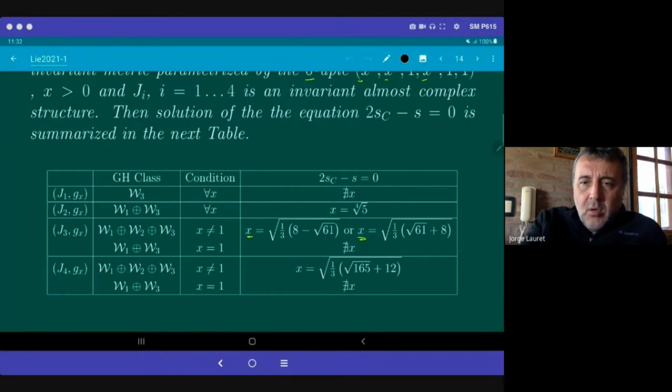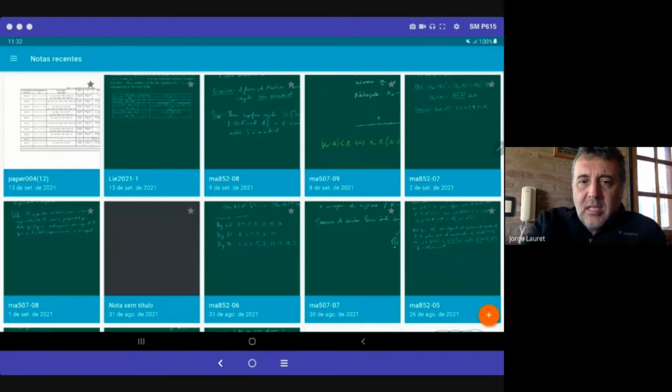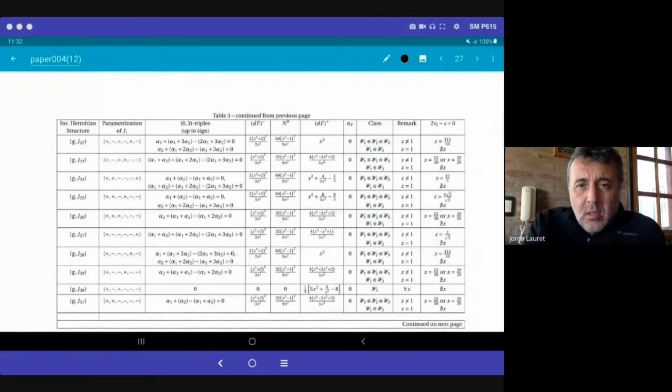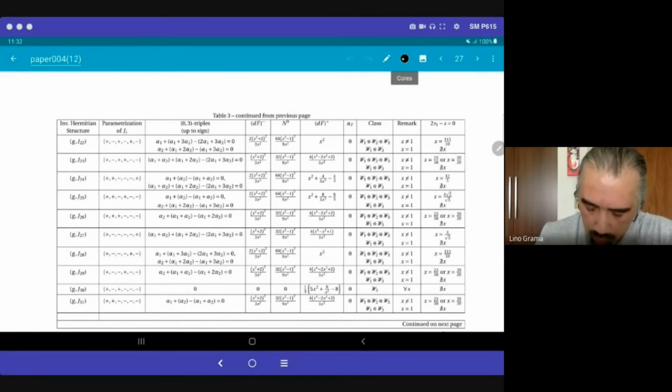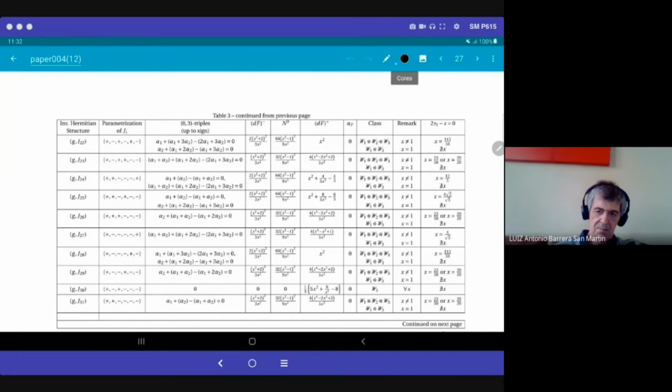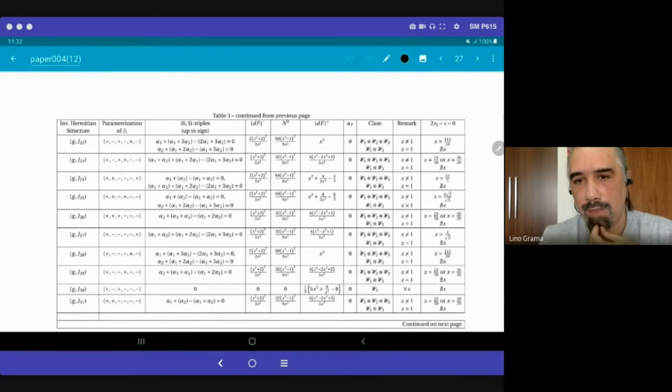The table you showed, the DF0. Did you get any example with DF0? Almost Kähler. We have two, DF minus and DF plus. We have just 4 pieces.